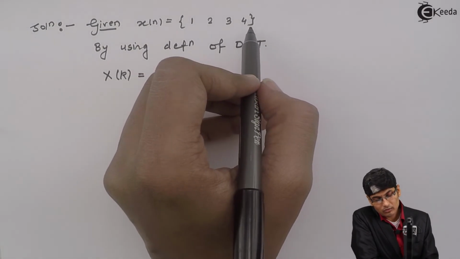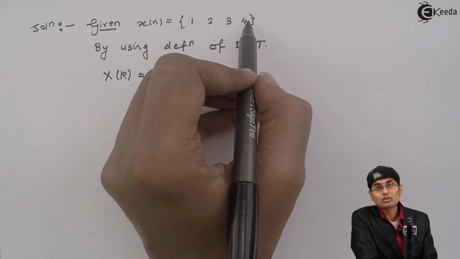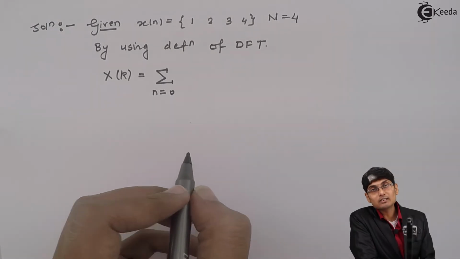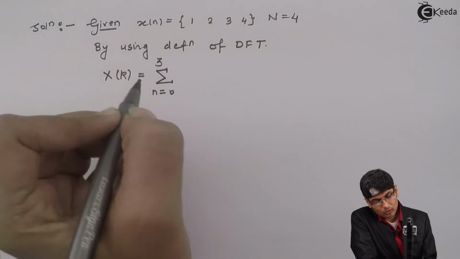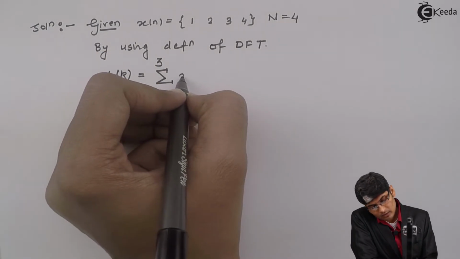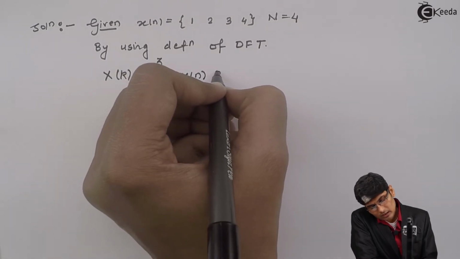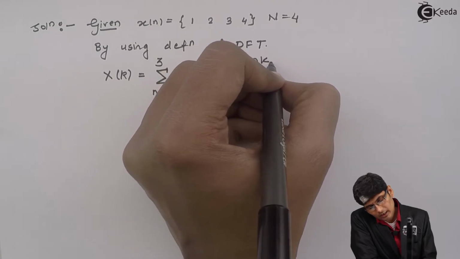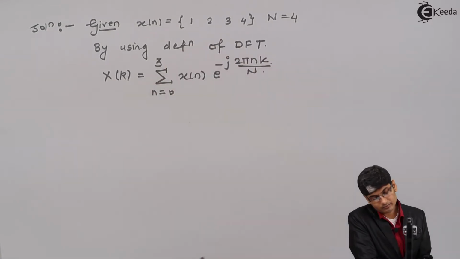So what is capital N over here? It is 1, 2, 3, 4, so capital N over here is 4. So it is n minus 1, that means it will go up to 3, x of n e raised to minus j 2 pi n k by N.